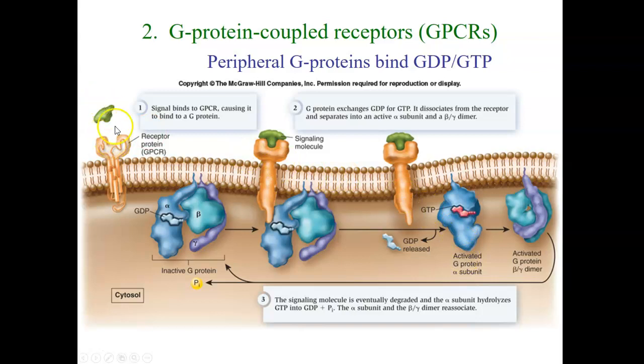Once ligand dissociates, eventually you're going to get dissociation of this GTP and recruitment of the GDP, and these three G protein subunits will interact with each other once again, and we'll have this unactivated pathway waiting to bind ligand.